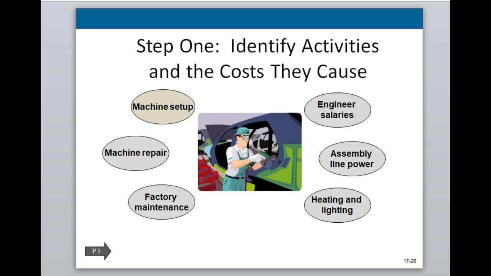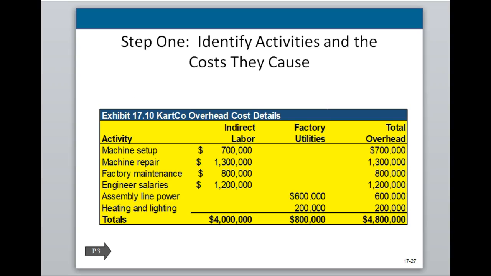So a little bit different way of looking at this. We're going to assign budgeted hours, and then we're going to apply that to the budgeted factory overhead. So this is kind of what this looks like. Machine setup is $700,000. Machine repair is 1.3 million.